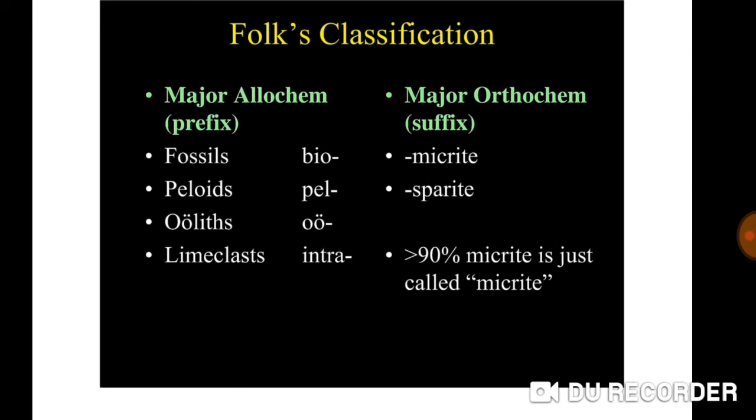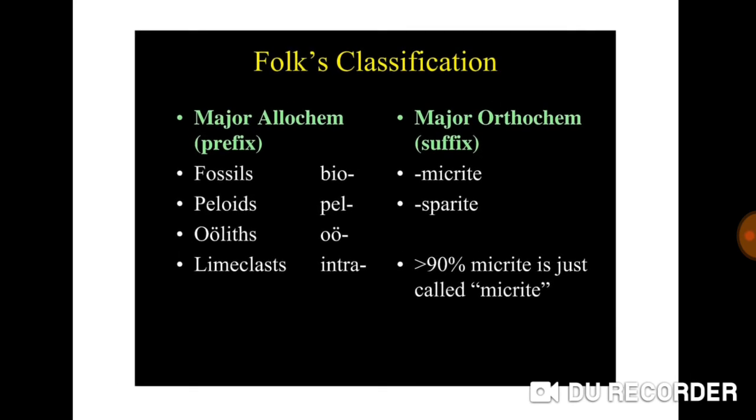For the orthochem, we use the suffix micrite or sparite. As I told you, these are fine grained carbonate mud called micrite or coarse grained calcite crystals formed during diagenesis called sparite. If any limestone consists of more than 90% micrite, it is just called micrite.